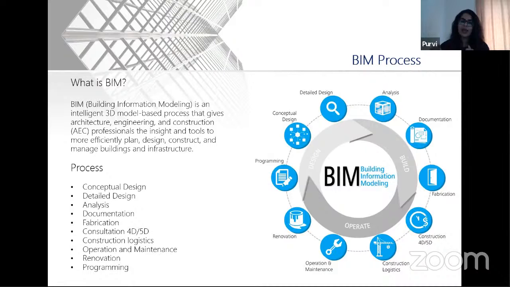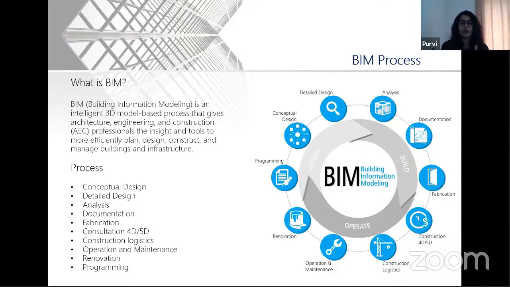Also, I'll give you an example of one of the projects that I had worked on, where the client wanted a building information model with so much information that 30 years down the line, if the client wanted to change the facade, we could just change it on the model, and that energy calculation would be reflected.